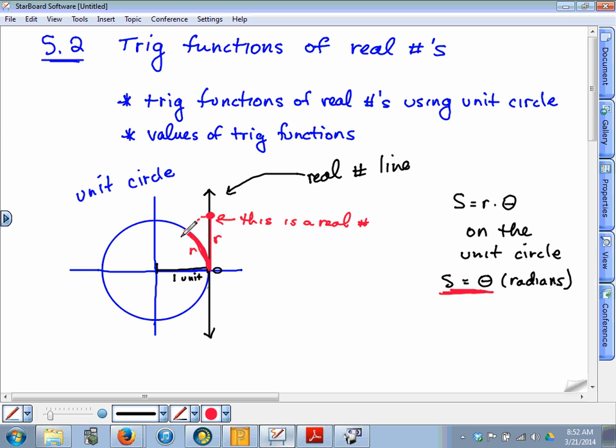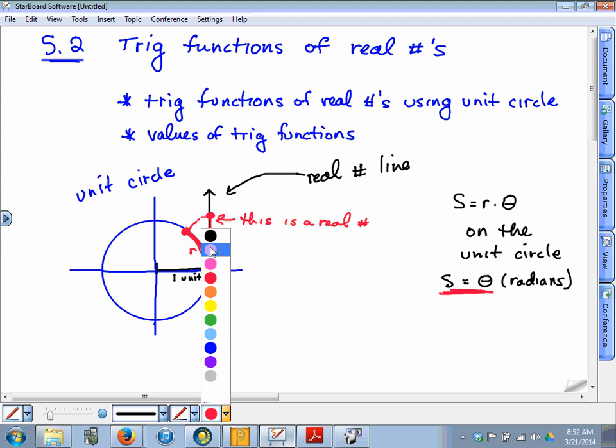Does that make sense? So we're still following, to some degree, our definitions of sine and cosine and tangent, where the inputs are angle measures, as long as we consider this real number to be a radian measure wrapped around the unit circle. Okay? Now, how would we find, then, the sine or the cosine or the tangent of that point?